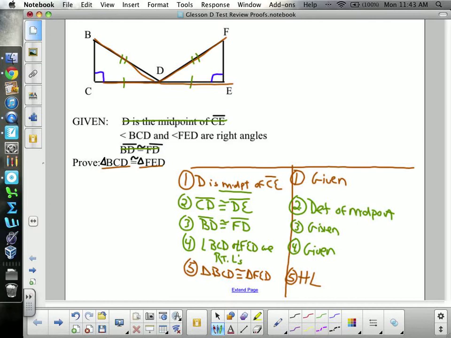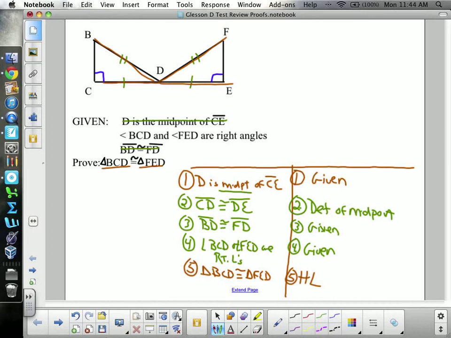Well, if I'd have given that these two sides are congruent instead, BC and FE, instead of BD and FD, then I probably would have used this to say that the angles are congruent, use side angle side. But I need congruent angles, not just right angles for that. But for HL, I don't need those right angles to be congruent. For side angle side, I would. But here I don't. But there's my entire proof.